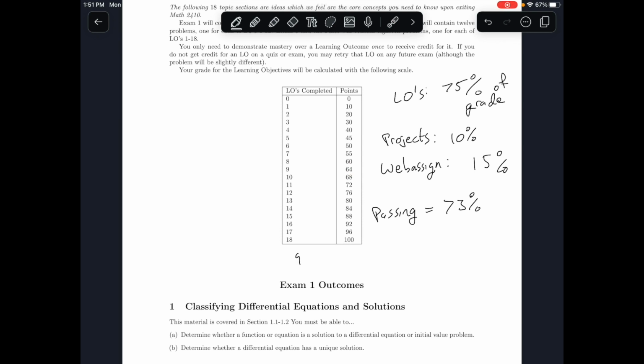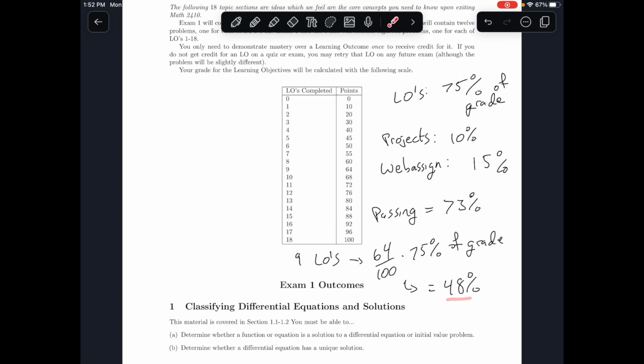Because if you get 9, that would be 64 out of 100 points. And if that is making up 75% of your grade, that I believe would be equal to 48%.